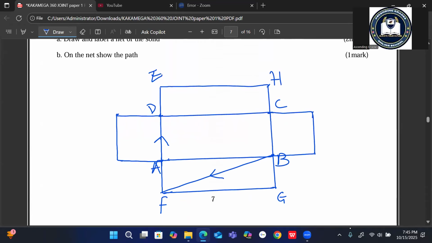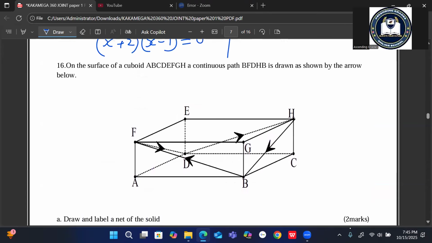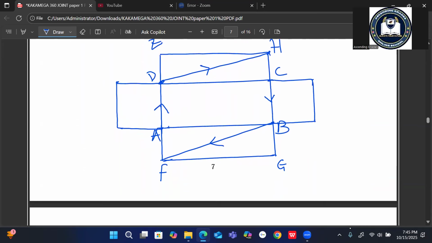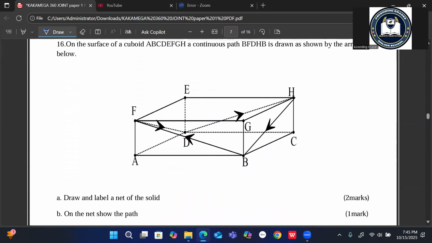So this is it. DH, BF, DH. Then B, up to B. So that is it. So that is the end of the revision of that paper.